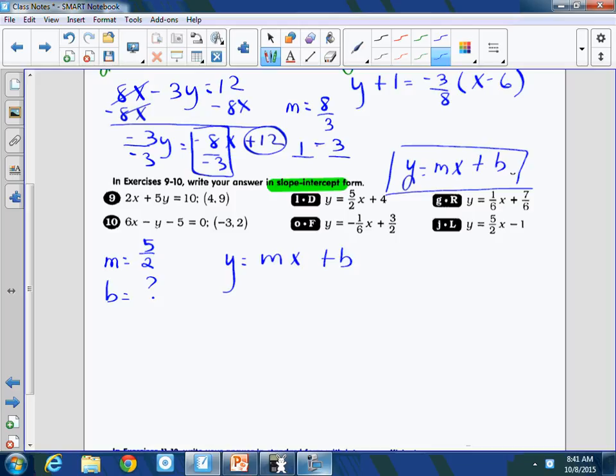Okay, what's my y? 9. My m is 5/2. It's a lot of work, guys, but it's not hard if you know what you're looking for. I said it yesterday, too. What's my x? 4. Can somebody do that in the calculator and figure out how much is that? I think it's 10. But double check for me.